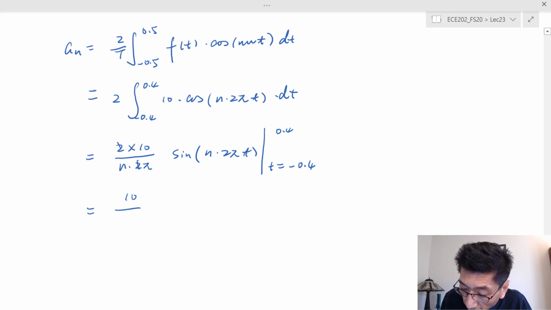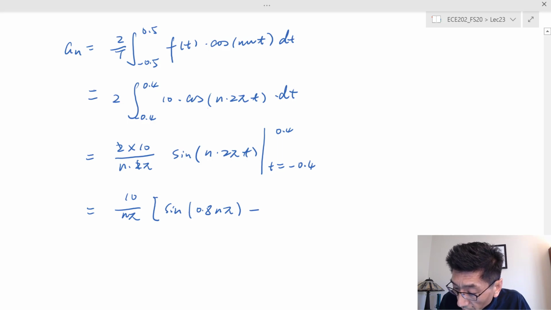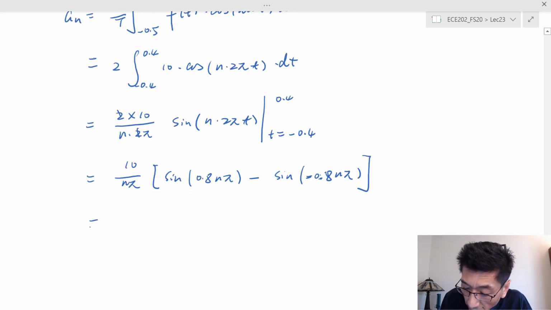I have 10 over n pi times sine of 0.8 n pi at t equal 0.4, minus sine of negative 0.8 n pi, right? And we know this sign we can move outside, so we can double the answer, which is quite simple, and I have 20 over n pi times sine 0.8 n pi.